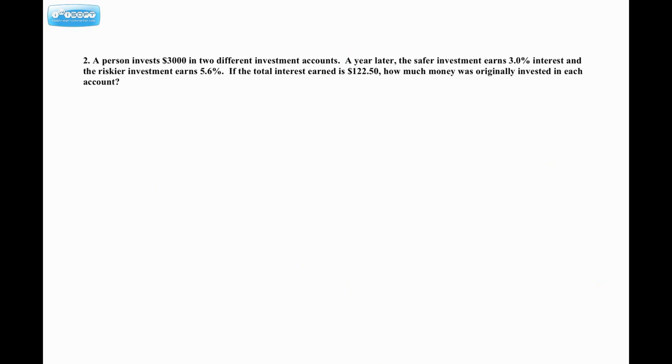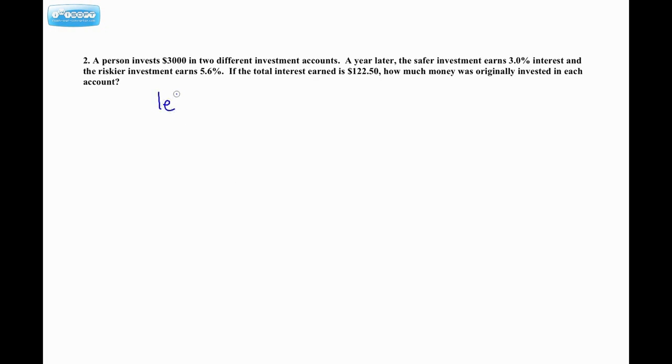Next, a person invests $3,000 in 2 different investment accounts. A year later, the safer investment earns 3% interest, and the riskier investment earns 5.6%. If the total interest earned is $122.50, how much money was originally invested in each account? All right. So we need a couple of let statements.